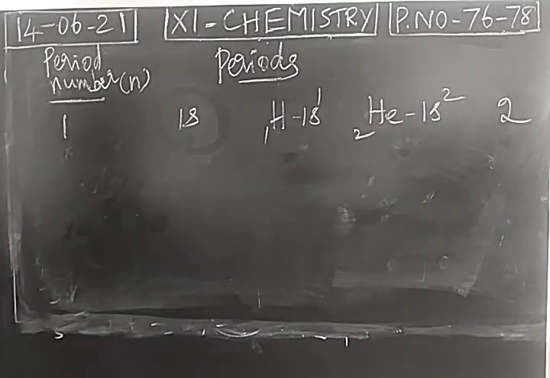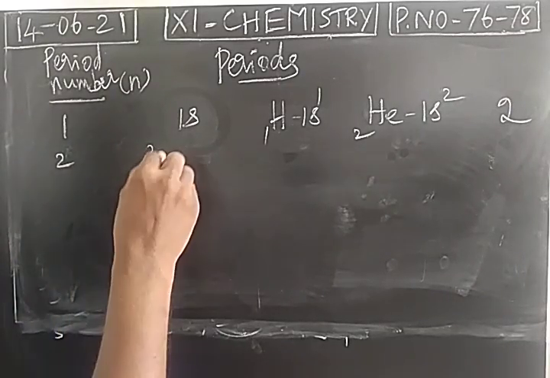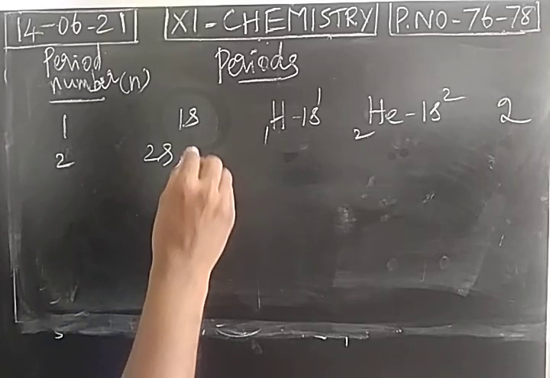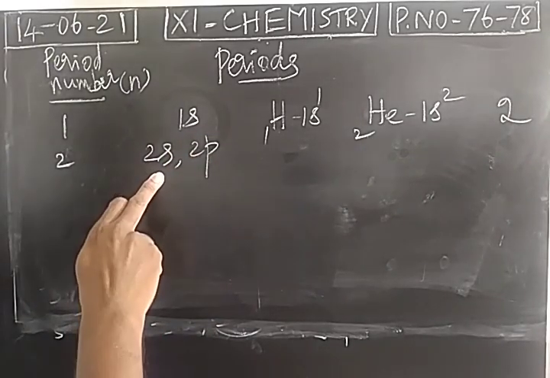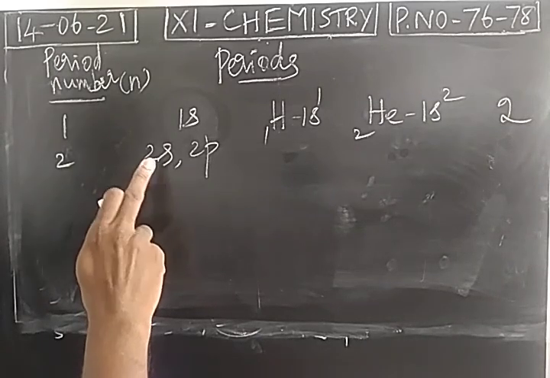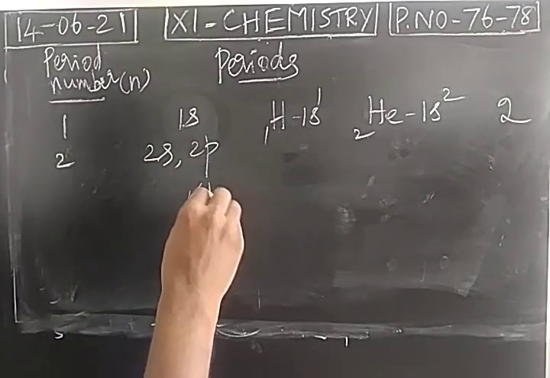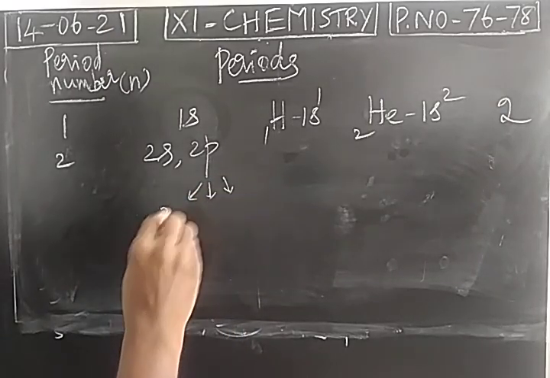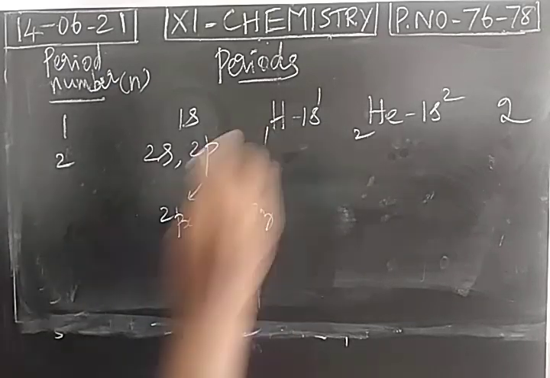2. And you take principal quantum number 2, that means second shell as well as period number 2. As I told, second shell has 2 types of orbitals, s and p, isn't it? Second shell will have 2s orbital and 2p orbital, and this is of 3 types: 2px, 2py, 2pz.